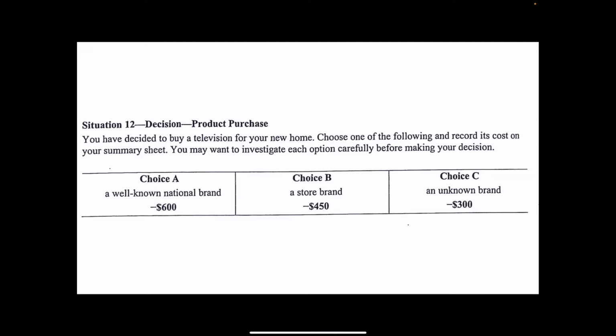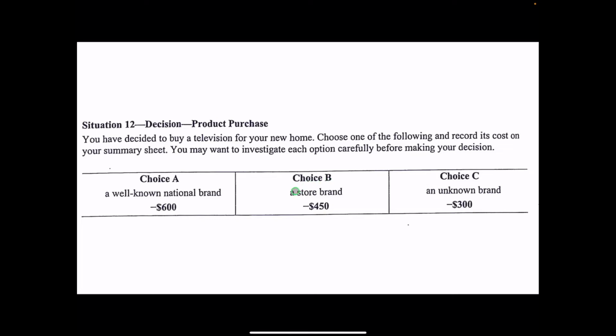Situation 12 is a decision. You have decided to buy a television for your new home. Choose one of the following and record its cost on your summary sheet. A lot of times you'll investigate before making your decision. Choice A, are you going to choose a well-known national brand like Sony? If so, minus 600.